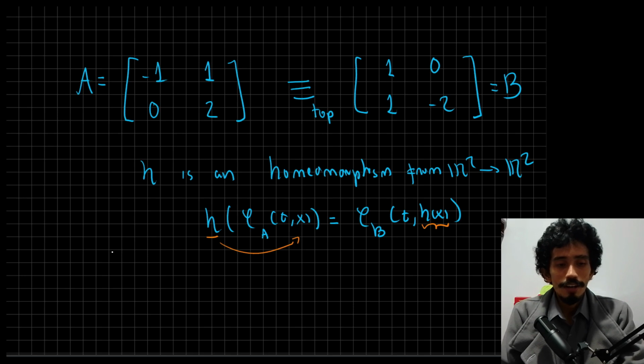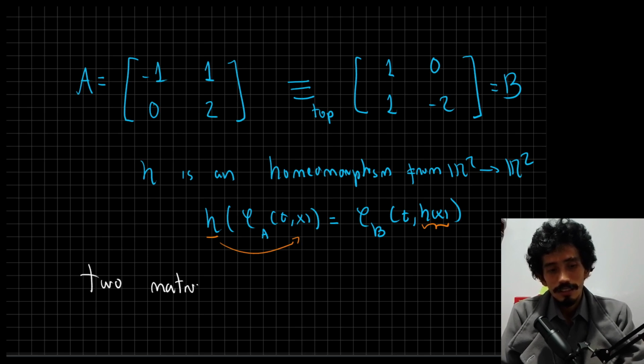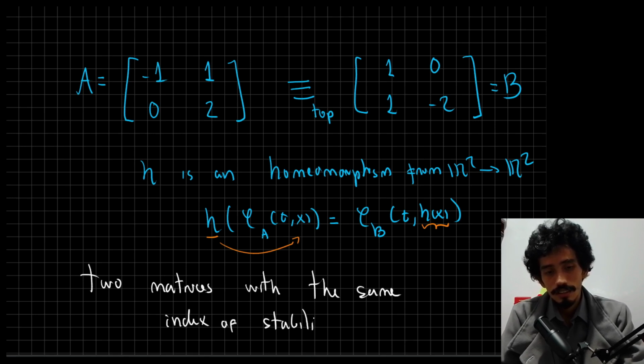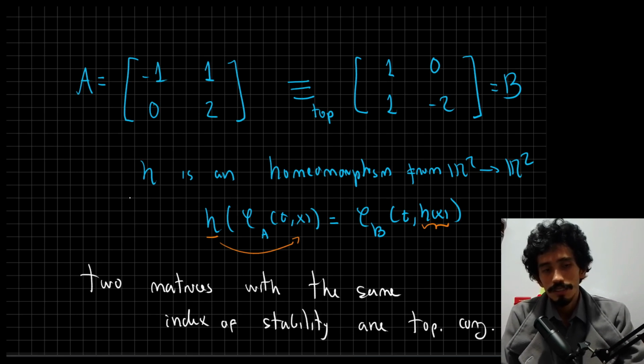What I mean is that we have a theorem that tells you that two matrices with the same index of stability are topologically conjugate. So that means that there exists this function and so on.